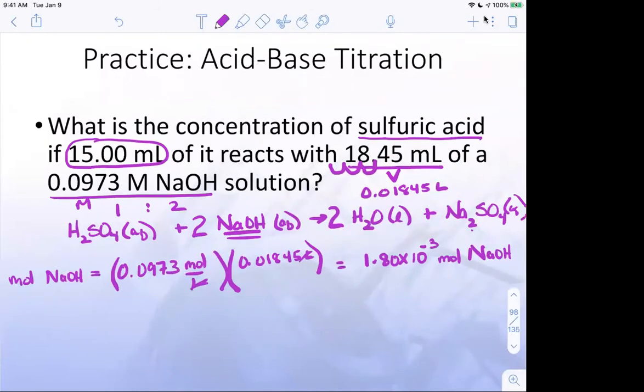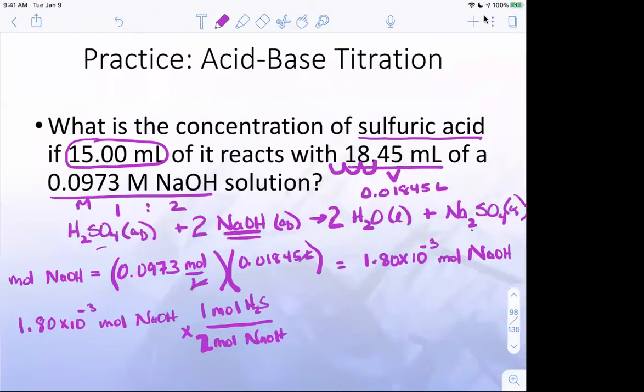Well, now it's going to be a solution stoichiometry problem. If I have 1.80 times 10 to the minus 3 moles of NaOH, to convert that into moles of H2SO4, I know for every 2 moles of NaOH, I react with 1 mole of H2SO4.